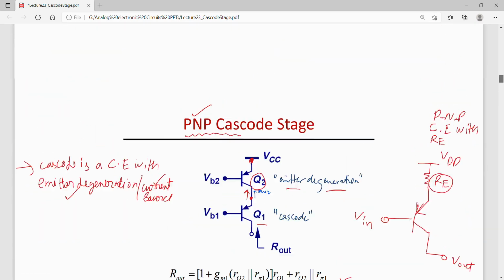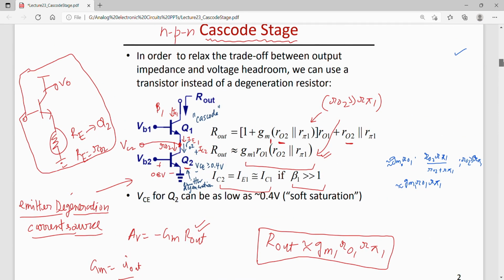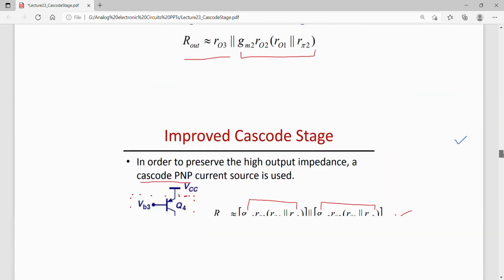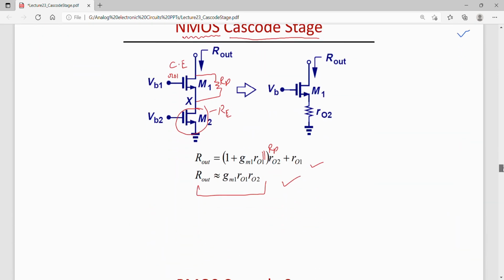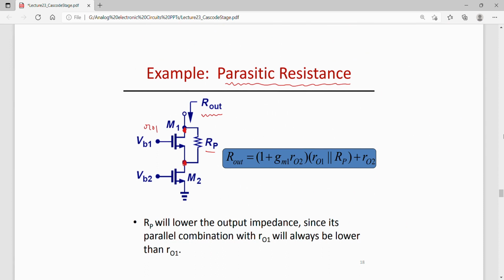So let me go back here and check. So the total output impedance now has a contribution from the parasitic resistance, and the effect of this parasitic resistance is that the output impedance is lowered or it reduces because of this RP.